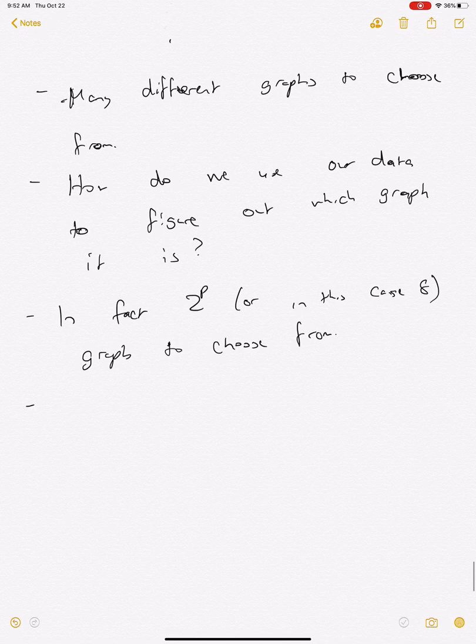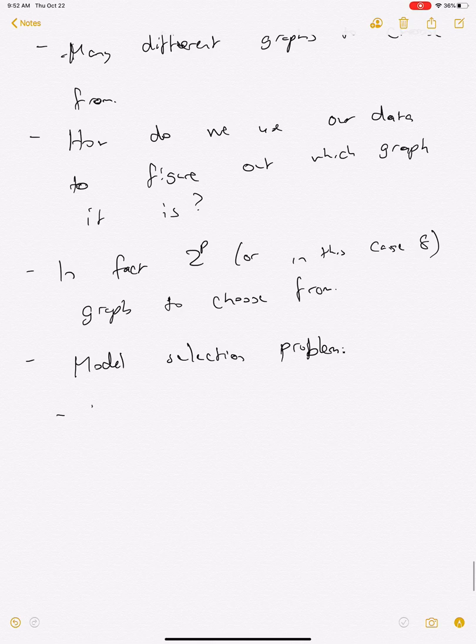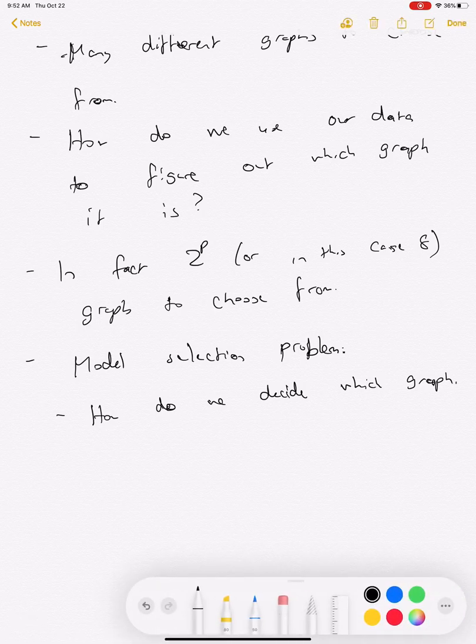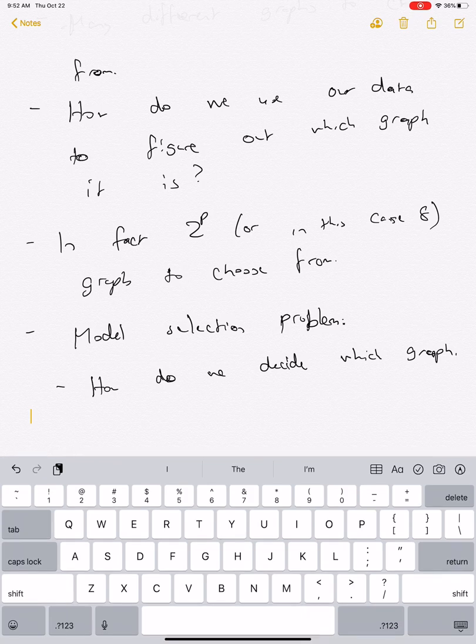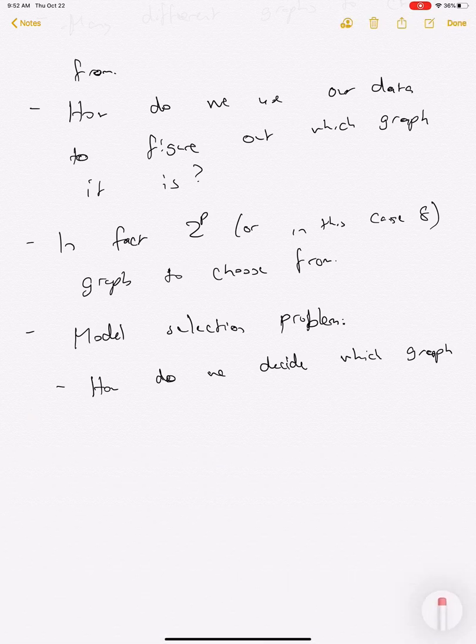And so this is what's termed a model selection problem: how do we decide which graph best fits our data?